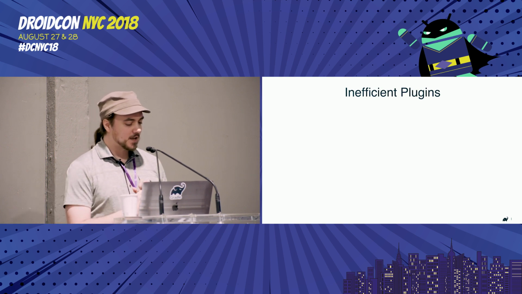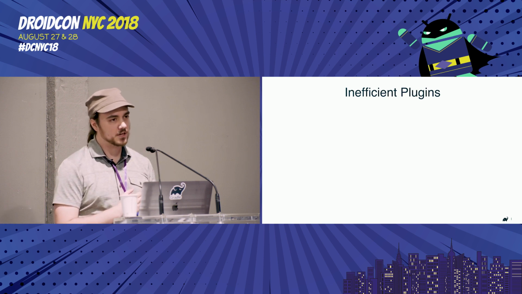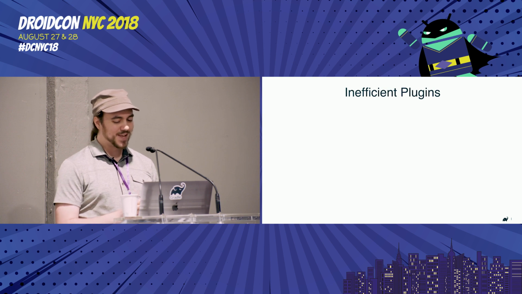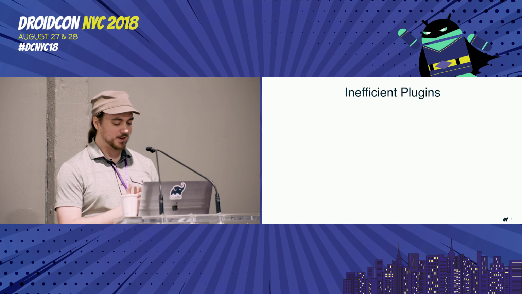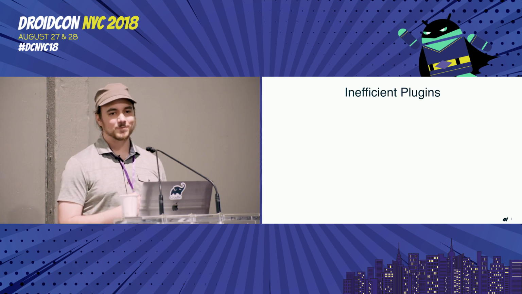Fail fast, right? Another problem is inefficient plugins. Plugins that do expensive operations or expensive computations during configuration. You don't want to do network requests during configuration. I remember one time, I don't recall which project, I saw a plugin that asked, am I in China?